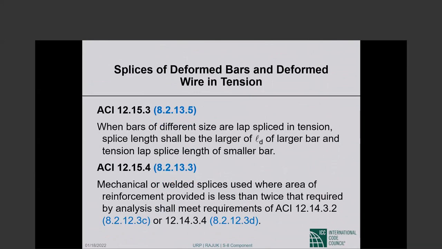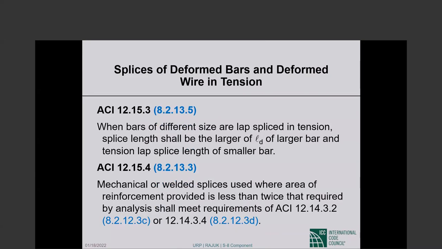When bars of different size are lap spliced in tension, this is important. When bars of different size are lap spliced in tension, splice length shall be the larger of development length of the larger bar and tension lap splice length of the smaller bar.